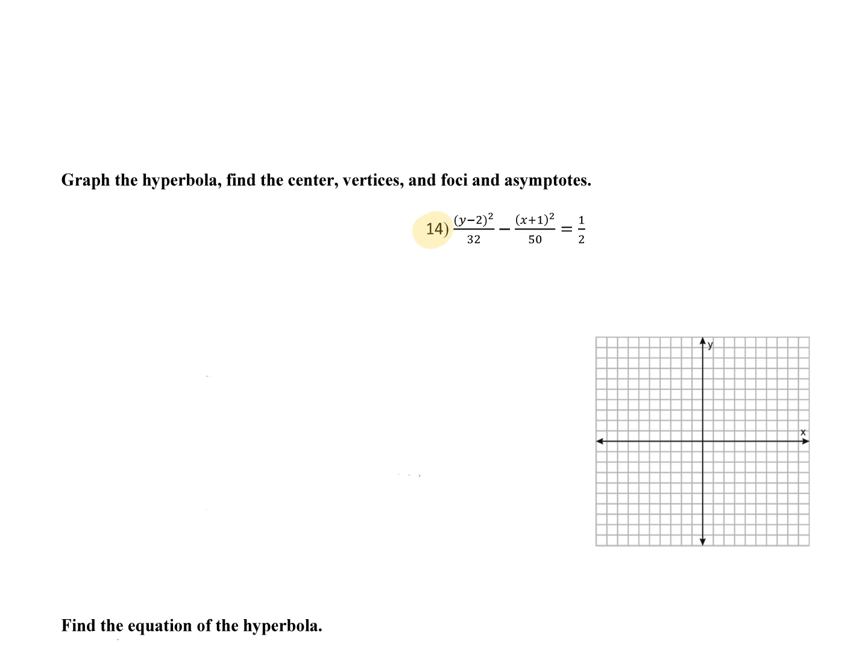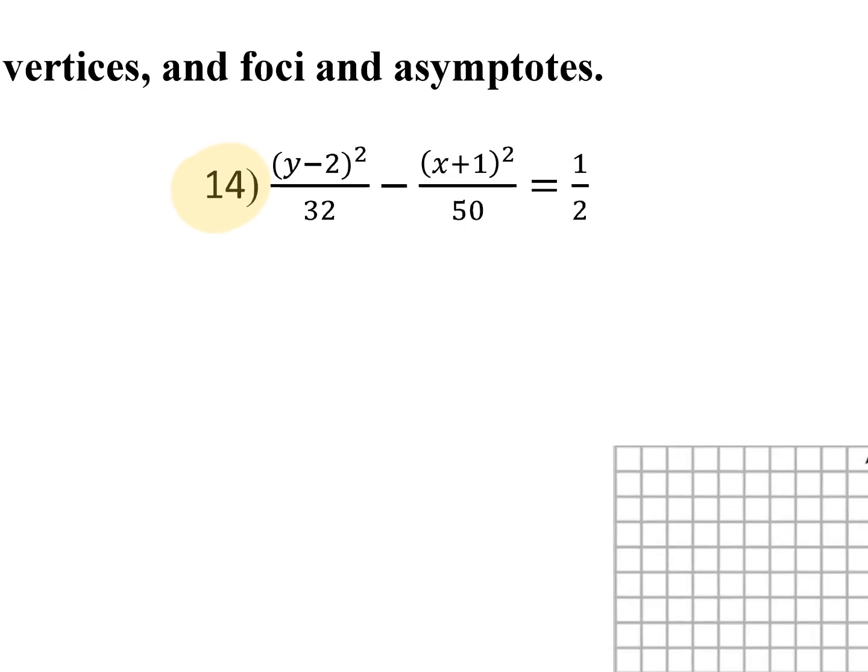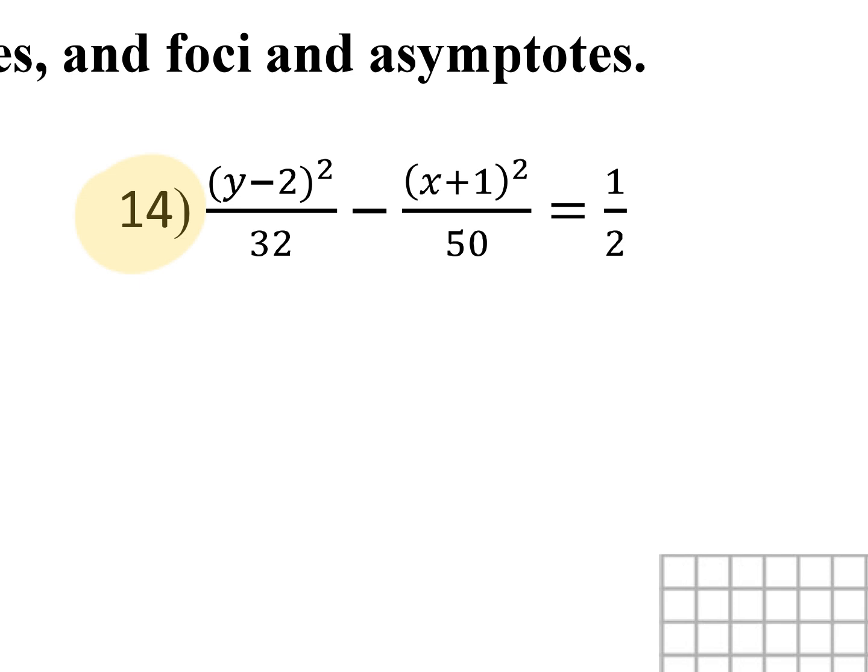So here we're going to graph the hyperbola, find center, vertices, foci, and asymptotes. So before I can do anything here, what should I do first? You need to multiply everything by 2. So that'll cancel out. So then we just have 1 on the right side, which is what we needed.